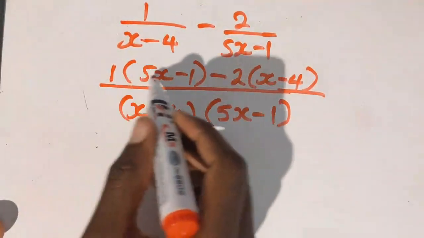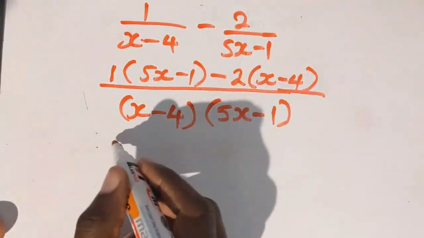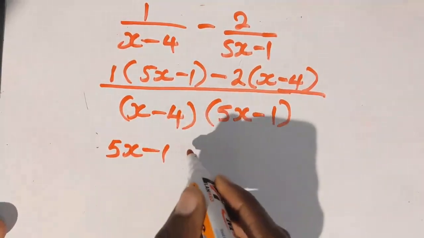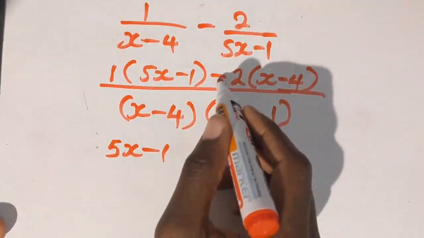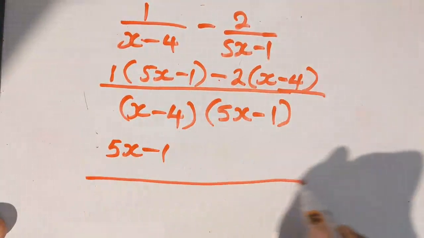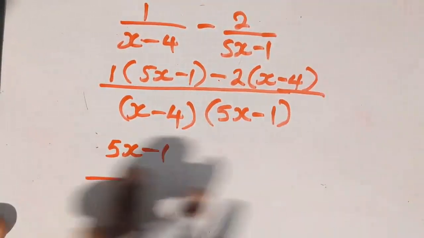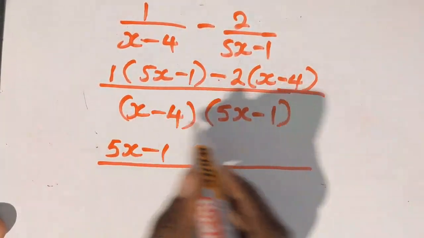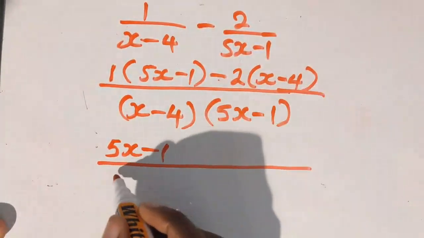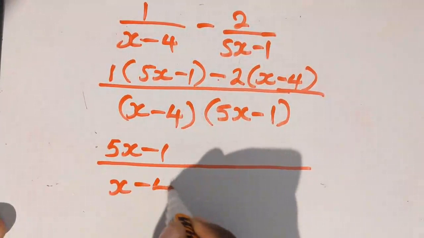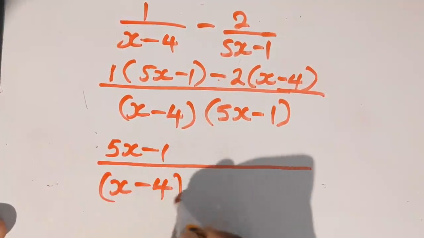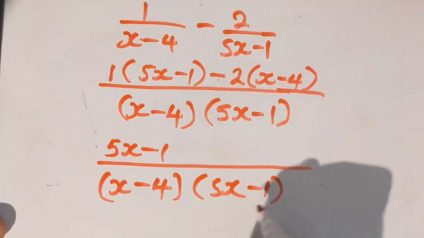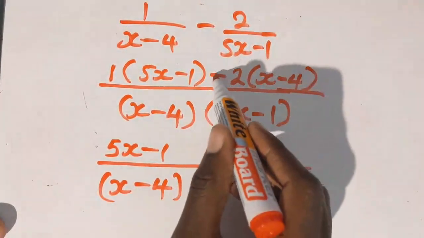You say 1 times that, it will be just 5x minus 1, like that, then negative. Here, don't forget what is down here. Most of the people forget it. What is down is x minus 4, then 5x minus 1.